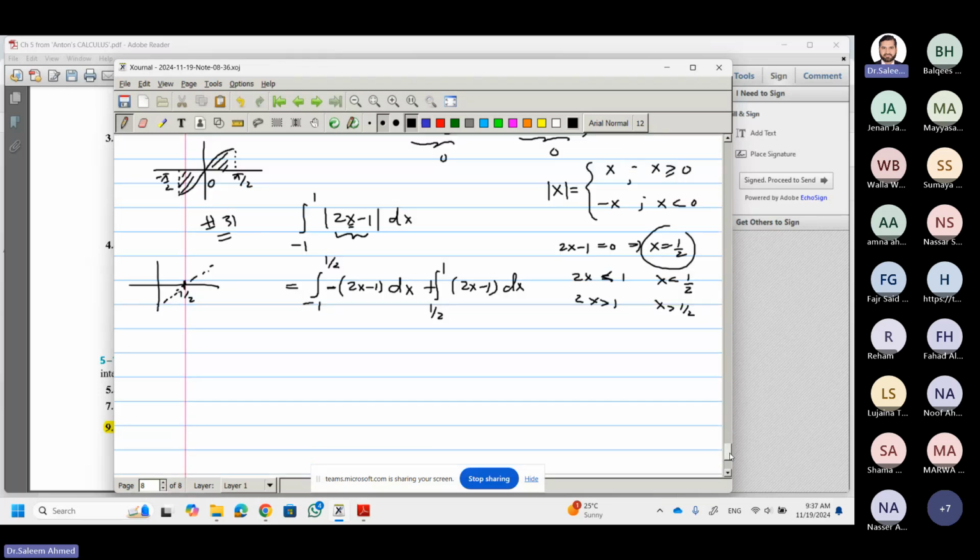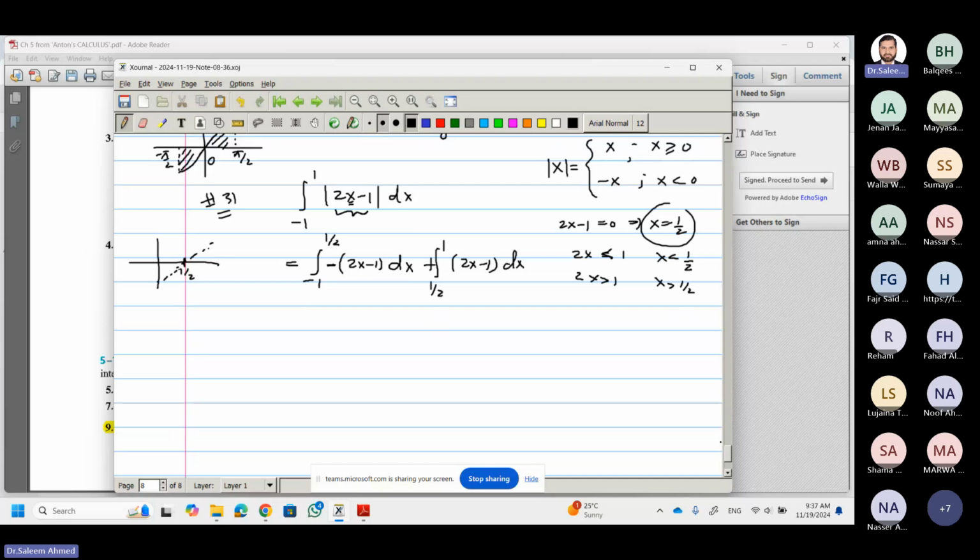Again, it's not about the area. Here, my function is given as the mod function. I cannot integrate the mod function, so I have to split it into two intervals. 2x minus 1 is negative for x less than half, and positive for x greater than half.